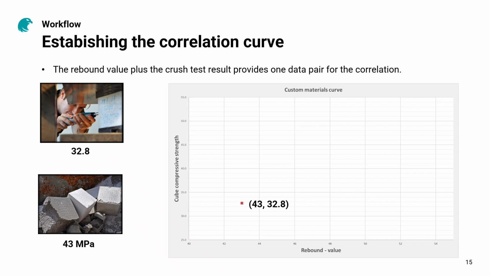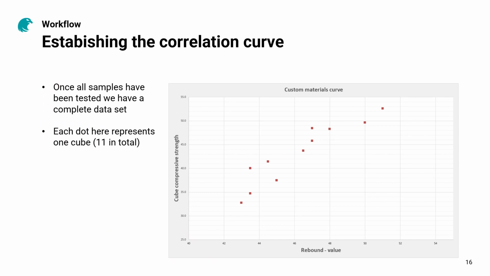The rebound value plus the crush test result provides one data pair for the correlation, as you can see here. Once all samples have been tested, we have a complete data set. Here you can see 11 of the test results taken from our reference example.